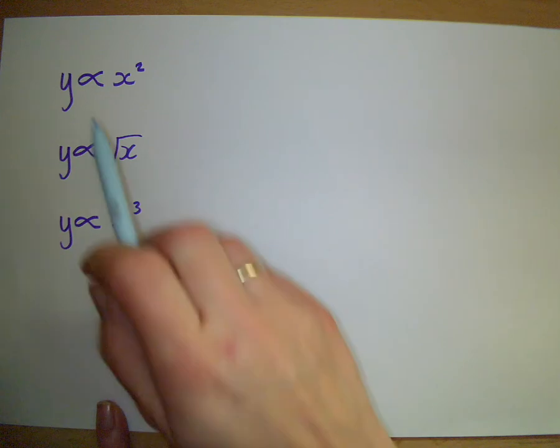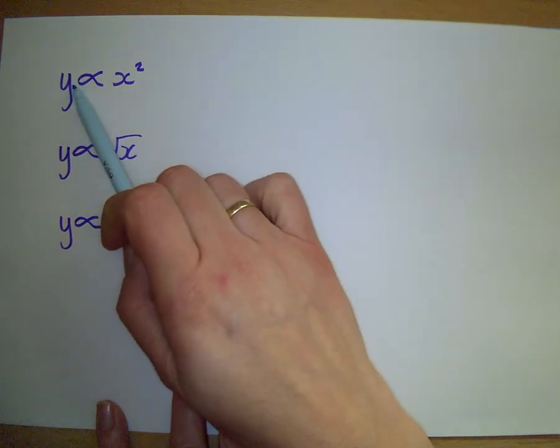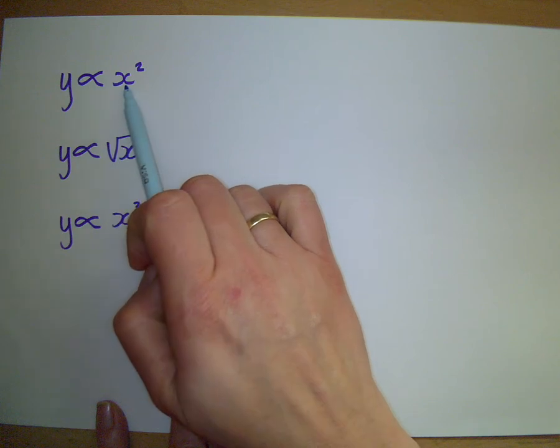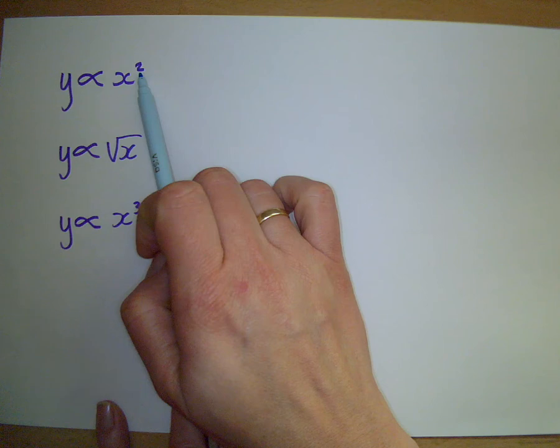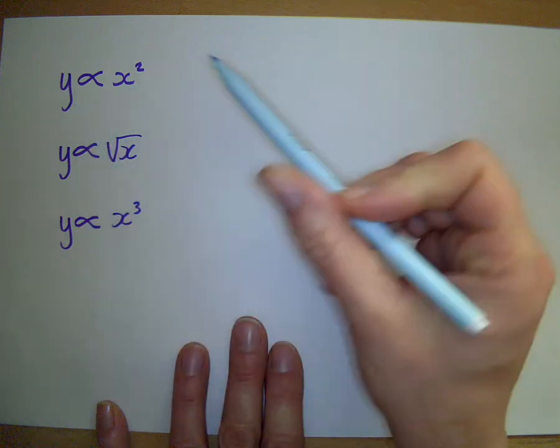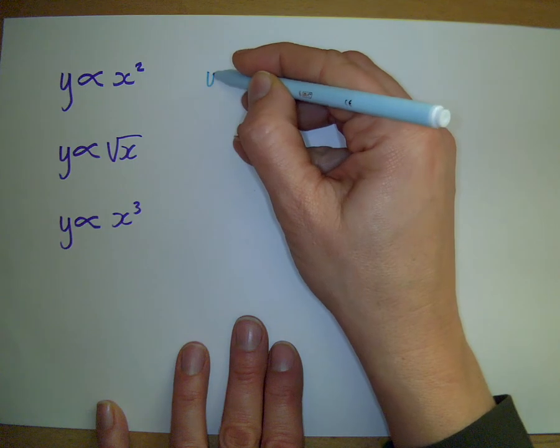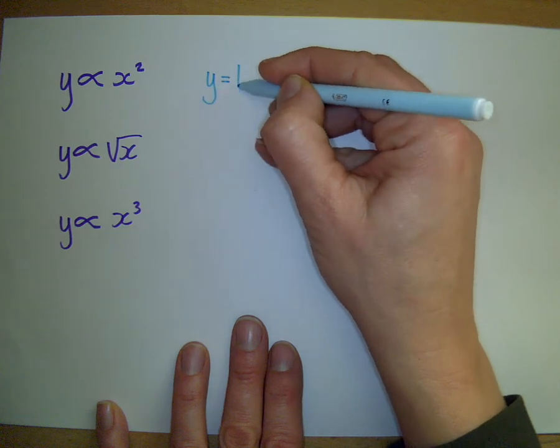So if you were told that y is directly proportional to x squared, that's how you write that information. Your formula for y in terms of x would look like this.